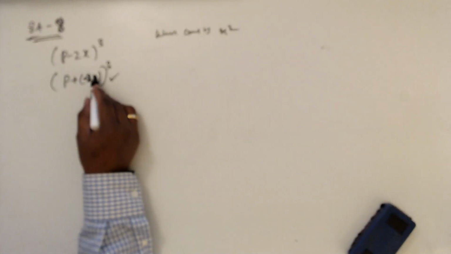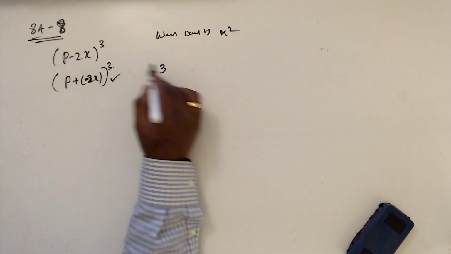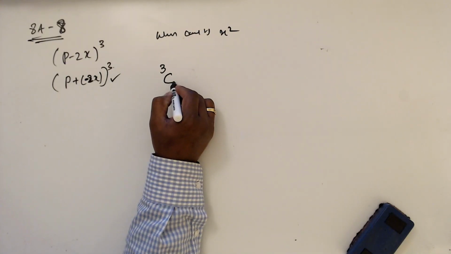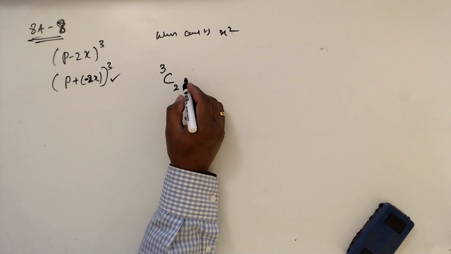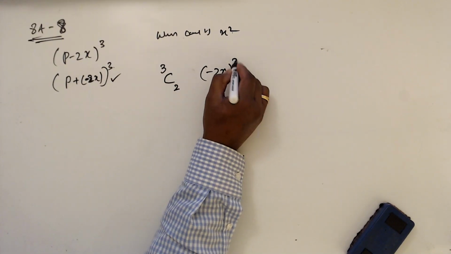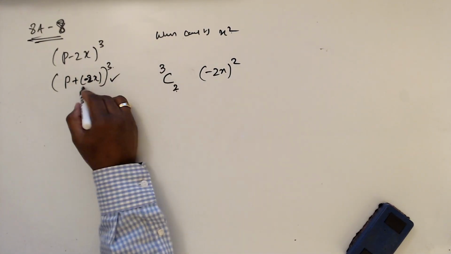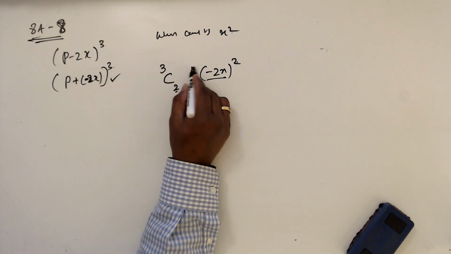I can see that I get 3C, and I need x square from minus 2x, then 3C2 times (minus 2x) square. I write this term, minus 2 square, and the other term.